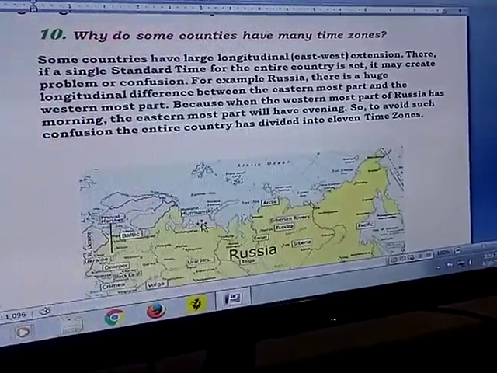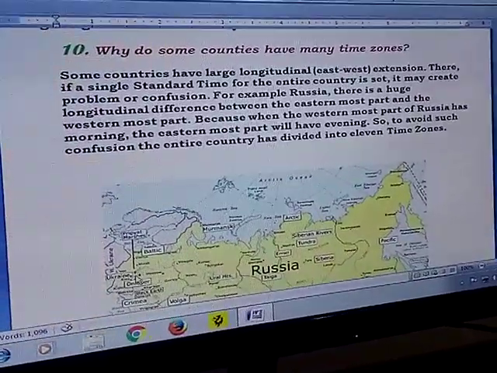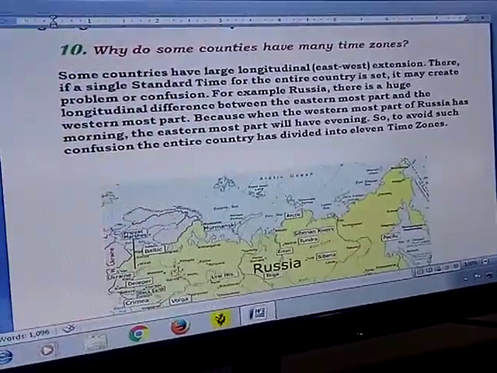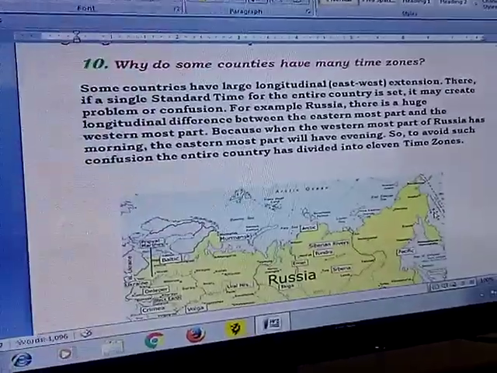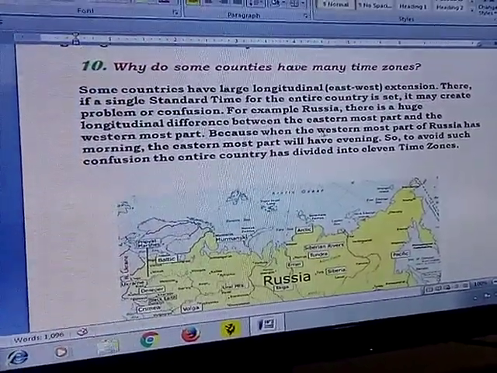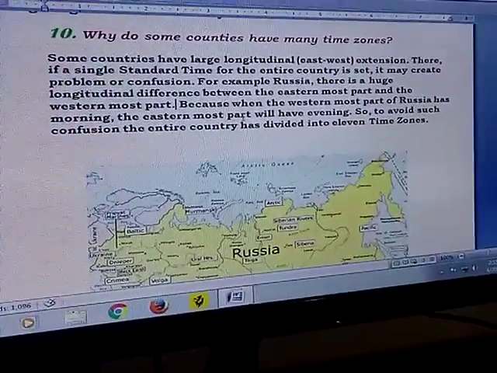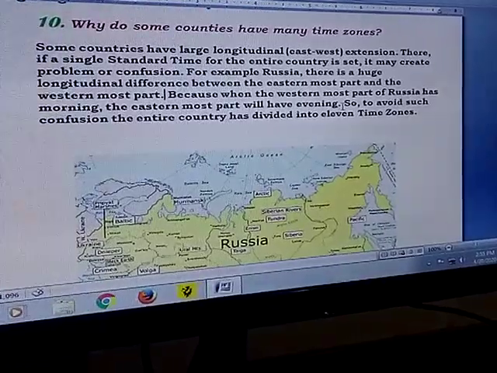Imagine, if you just follow one time, that's not possible because of this large east and west extension. When the westernmost part of Russia has morning, the easternmost part will have evening.